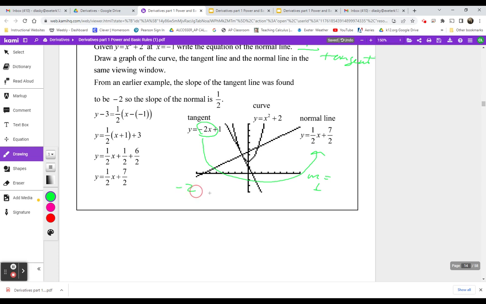So -2, we flip it over to make it 2 over 1, then we change the sign to make it -1 over 2. Sorry, guys. -1 over 2. And then we get the idea of 1/2, which is what we put in here. So when you're given a tangent, just use the negative reciprocal to make a normal. When you're given a normal, just use the negative reciprocal to make a tangent. That's all we're talking about on those.